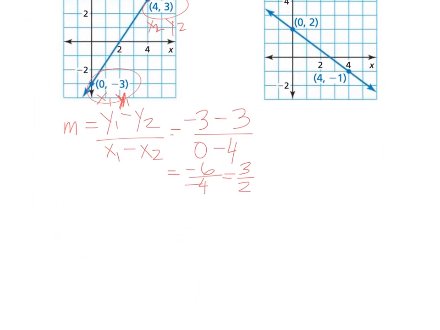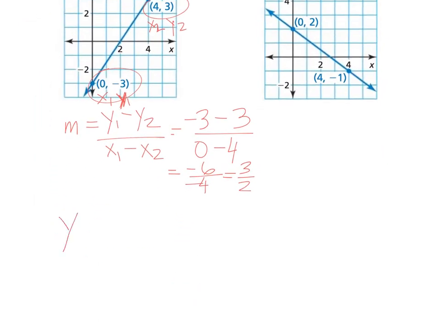Now I have y is equal to 3/2 x plus b, because I'm plugging 3/2 for the slope into the general equation. You still need to figure out what b is. How do you figure out what b is? We'll choose either point, your choice, and plug in the x and y values, and solve for b.